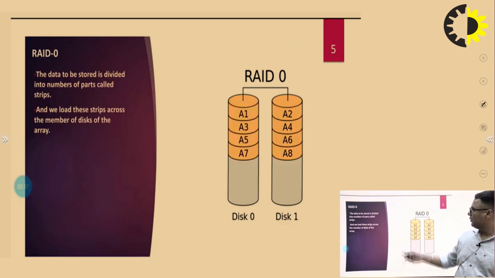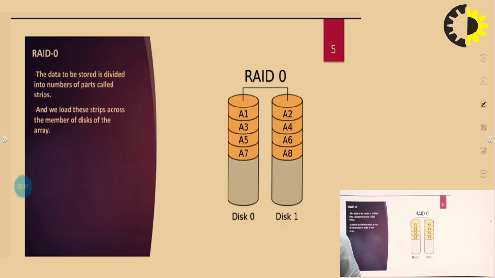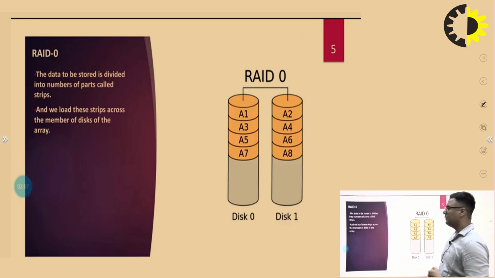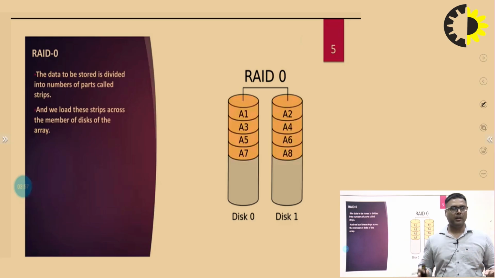As mentioned already, the data to be stored is divided into a number of parts called strips, and we load these strips across the number of disks of the array. So the data is divided into different parts, and stored on different disks.